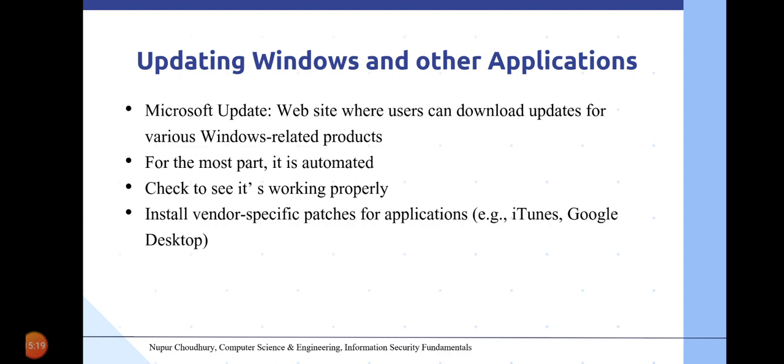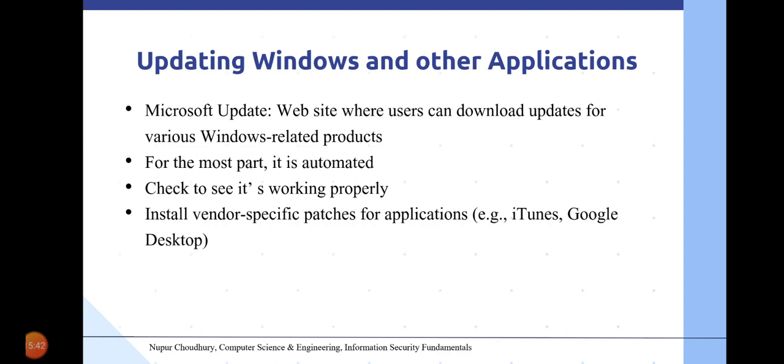So Microsoft Update basically is the website where users can download updates for various Windows related products, because whenever we are using a Windows operating system, we have a lot of applications associated with it, and all of them can be compromised if they are not updated to the current version.